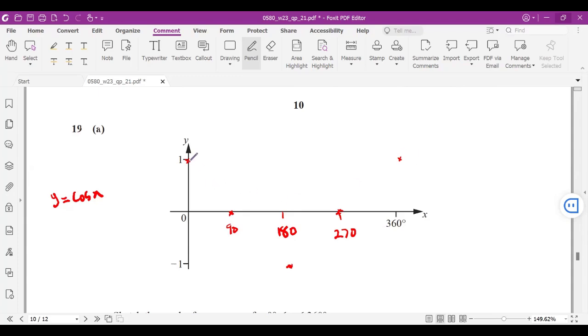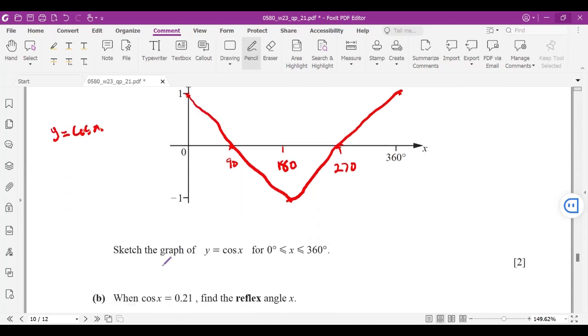So we have a sketch, something like this. Okay, so that is the sketch.